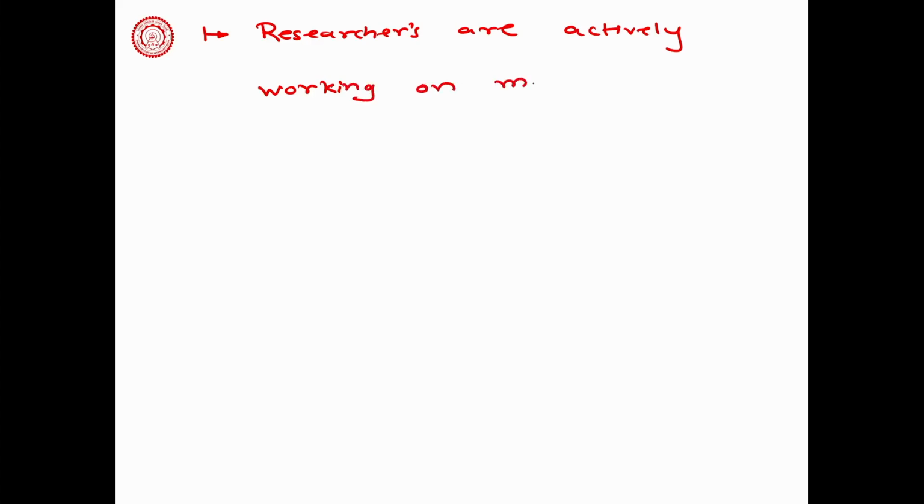So, therefore, researchers are actively working on making GP scalable.